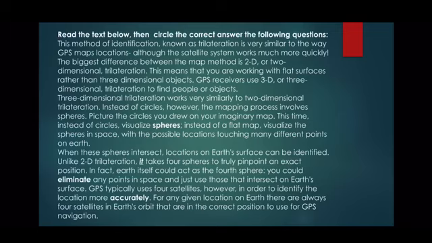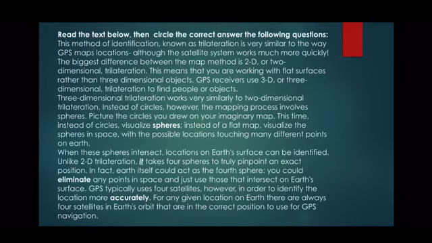So this method of identification, known as trilateration, is very similar to the way GPS maps locations, although the satellite system works much more quickly. The biggest difference between the map method is 2D or two-dimensional trilateration. This means that you are working with flat surfaces rather than three-dimensional objects. GPS receivers use a 3D or three-dimensional trilateration to find people or objects.